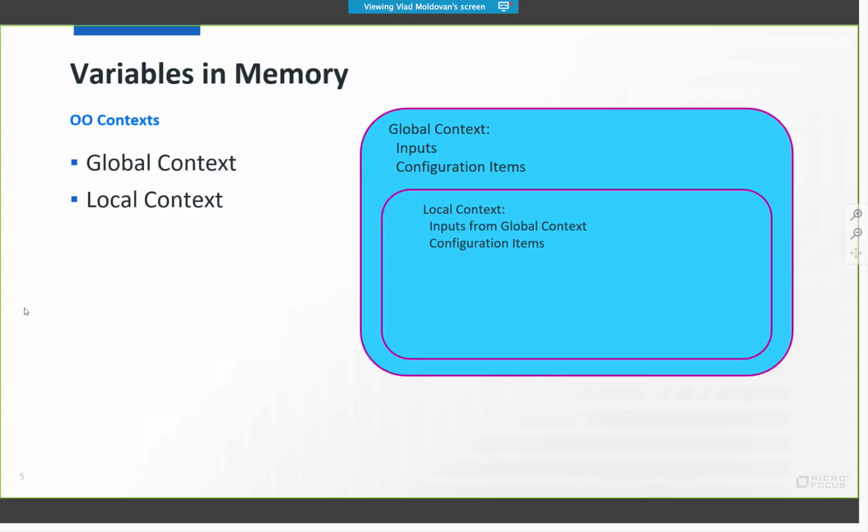So in the local context, from the global context, again, all of the inputs that are required. If we're talking about a step that is a flow, you're going to inherit all of the inputs that were passed as flow inputs to that step, and all of the configuration items, and a couple of special variables.